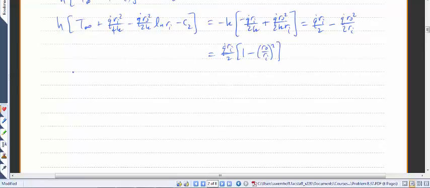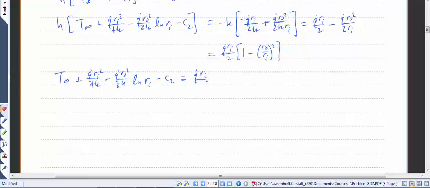If we bring our h over to the right side, it becomes T infinity plus q dot Ri squared over 4k minus q dot Ro squared over 2k natural log of Ri minus C2 is equal to q dot Ri over 2h times 1 minus Ro over Ri quantity squared.